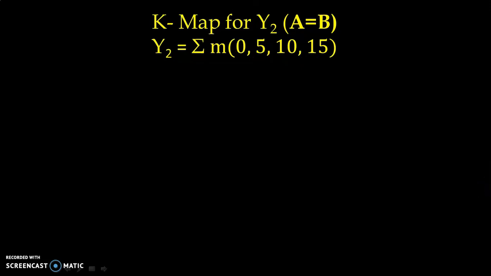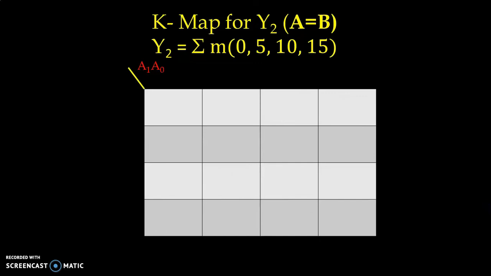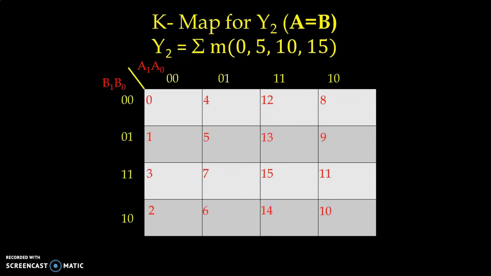So again, let us prepare a K-map with similar numbers, and we have respective decimal numbers to each cell. We write 1 for the given min terms, that is 0, 5, 10 and 15. In all remaining cells, we write 0.